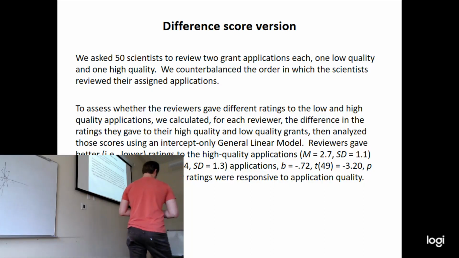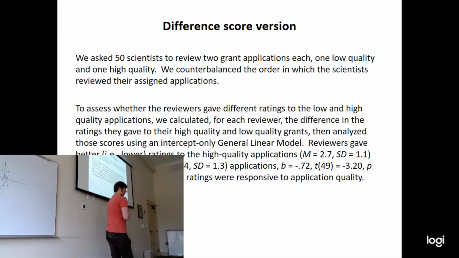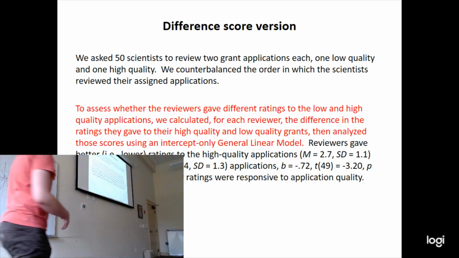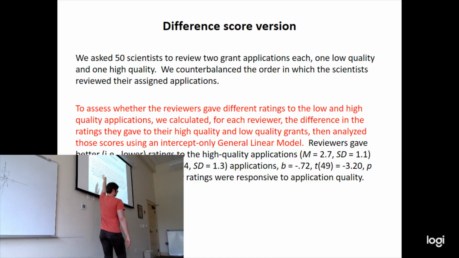I think often for readers, the difference score version is easier to understand just because people are more familiar with the difference scores that are a little bit easier to think about. So this part right here, where I'm describing what the model is, that's where I describe how I calculated the difference score and then how I treated it.